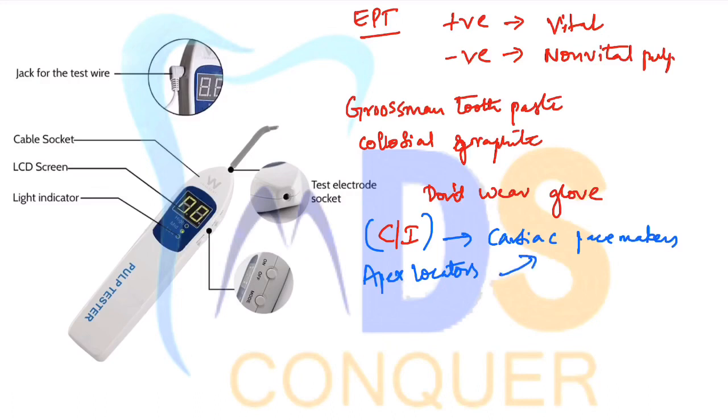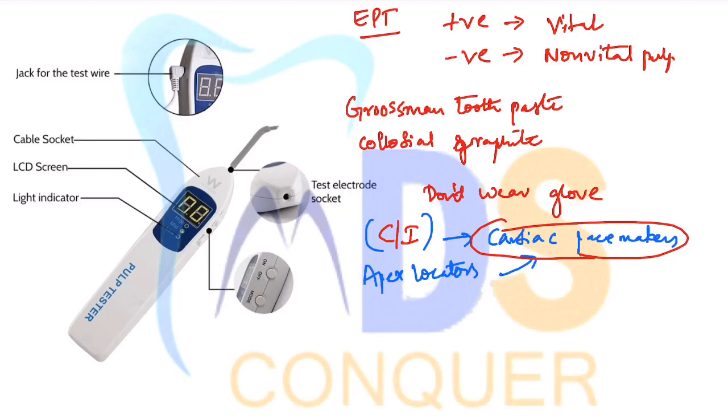So even your apex locators are contraindicated whenever the patient has a cardiac pacemaker. It's very, very important. Your apex locators as well as your electrical pulp tests are contraindicated in patients who have cardiac pacemakers. That's an important aspect to be noted.